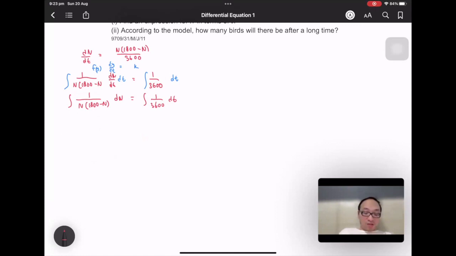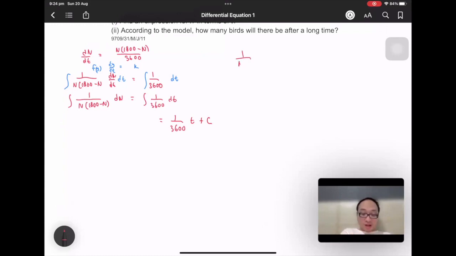The term on the right side will be easy because it's only 1 over 3600 t plus c. But for the left part, we have to solve this using partial fractions.